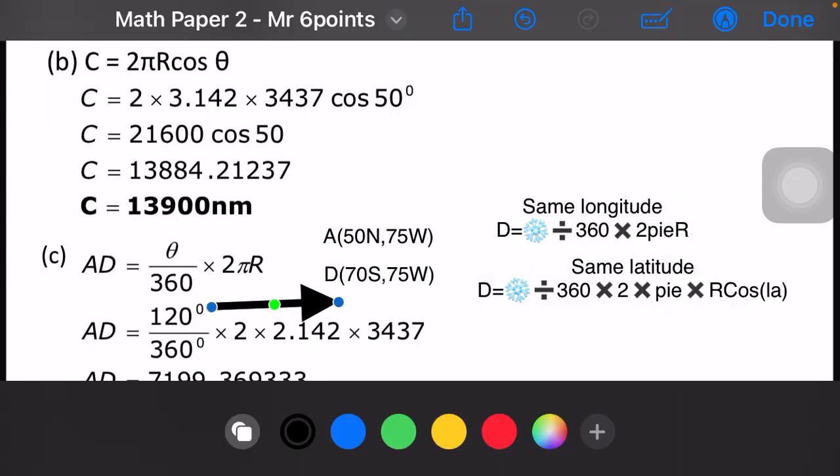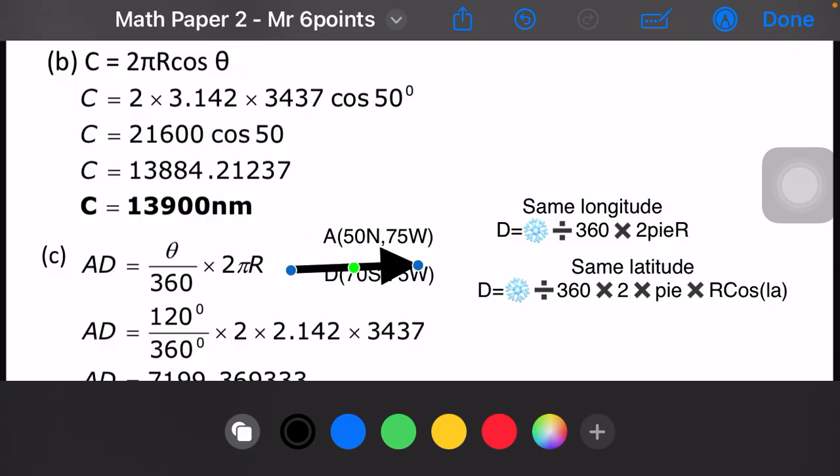After getting the coordinates of A and D, you check inside the brackets. You ask yourself, among these two coordinates, which direction is the same? West and west are the same.